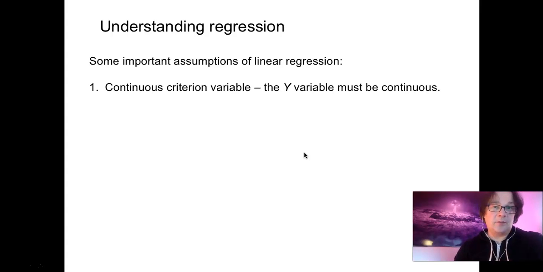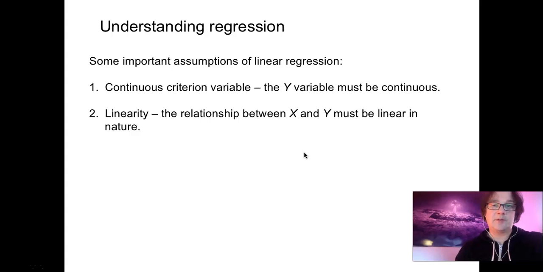The predictor variable would be the SAT scores. So a criterion variable is what we are trying to predict. And in linear regression, that criterion variable must be a continuous variable. It can't be a categorical variable or a rank order variable.